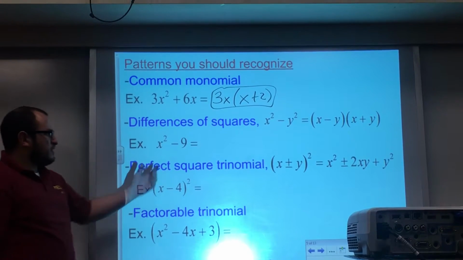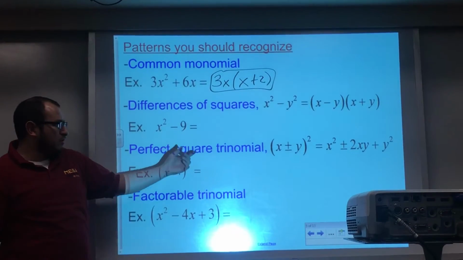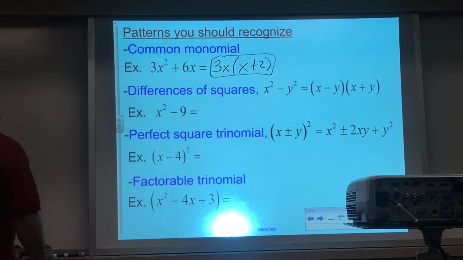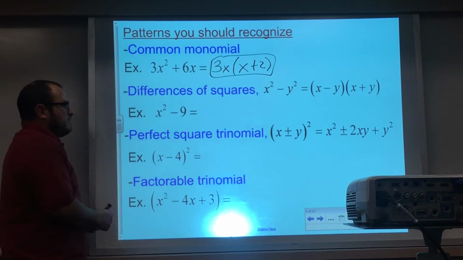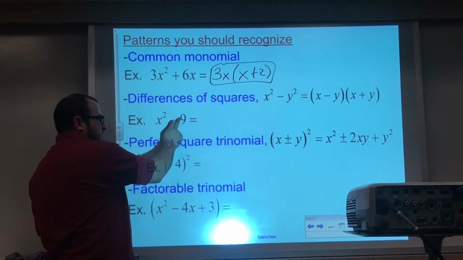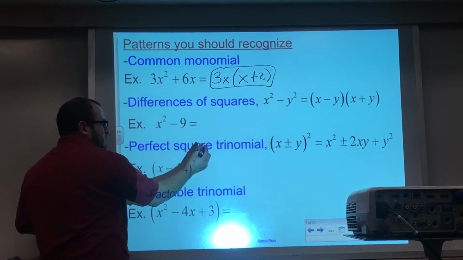All right, difference of squares. Again, you can use the box method for this, or you could simply use this formula. If I'm using this formula, that means that everything has to be in squares. This is definitely not in a square, so I'm going to make this into a square.